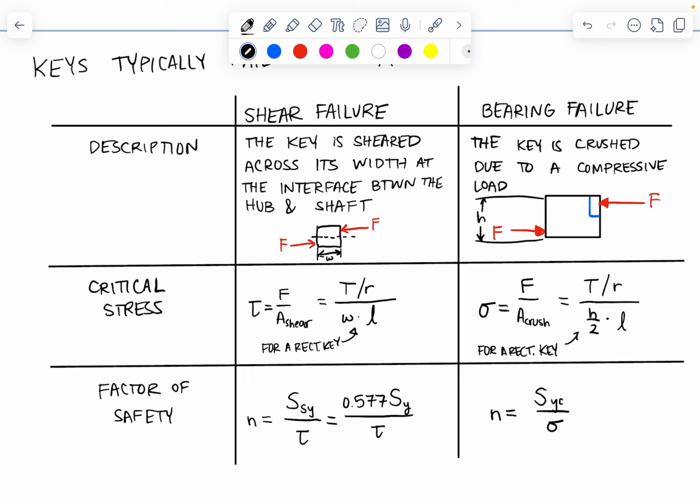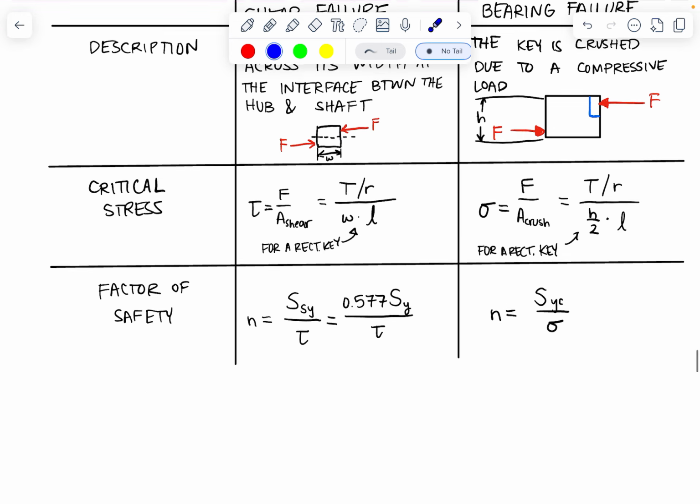So if I find that my safety factor guarding against shear failure is lower than my safety factor guarding against bearing failure, then that means shear failure is more likely to be the failure mode of that key, and that lower safety factor becomes the overall safety factor of that component.